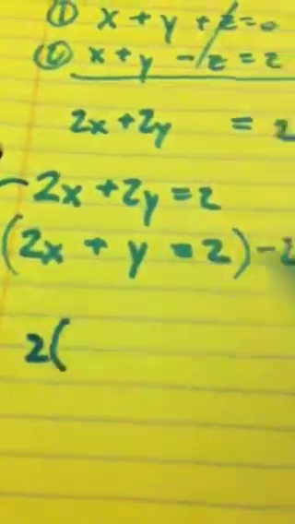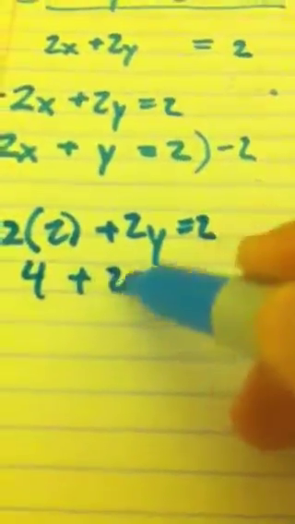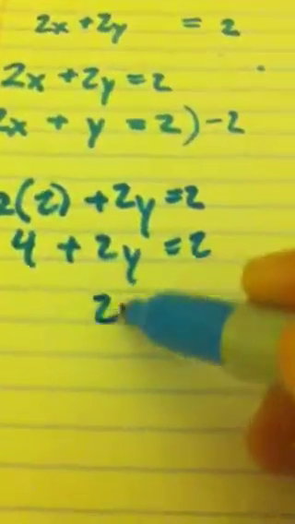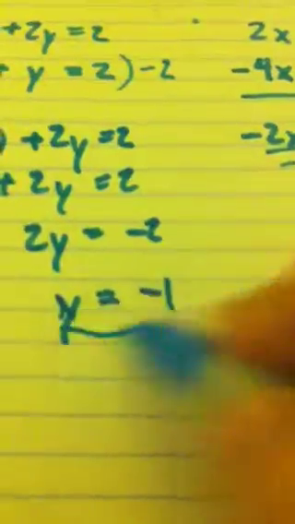Plugging it into that one, I'm going to get 2 times x, which was 1, plus 2y equals 2. So 2 plus 2y equals 2. So 2y equals 0. Subtracted the 2 from both sides. Divide by 2, y equals 0.